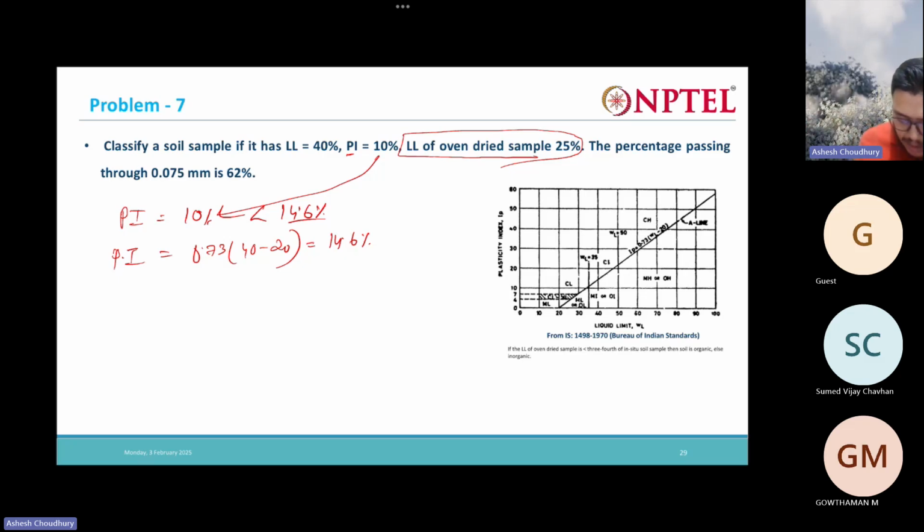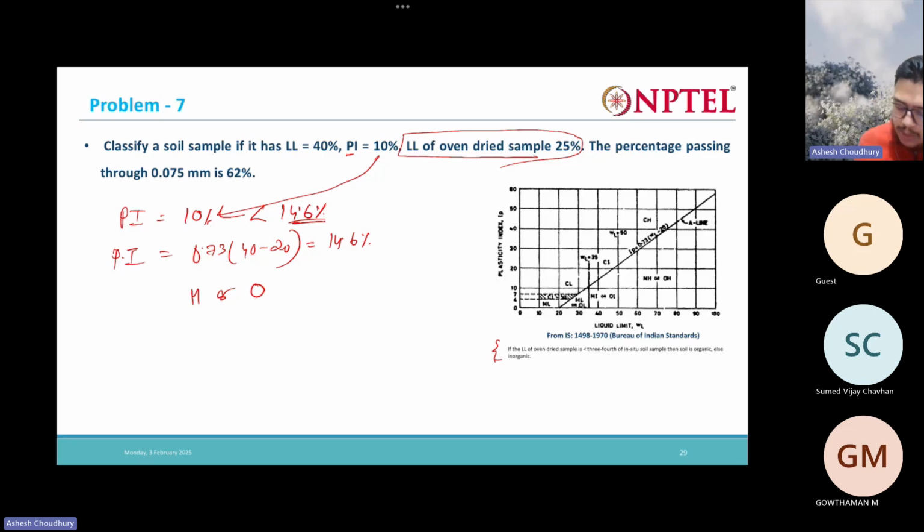Now, if it's below the A line, it will be either M or O. Now, how to decide whether it is M or O? For that, one additional piece of information is given. If the liquid limit of the overnight sample is less than 3/4 of its in situ soil sample, then the soil is organic, else inorganic.